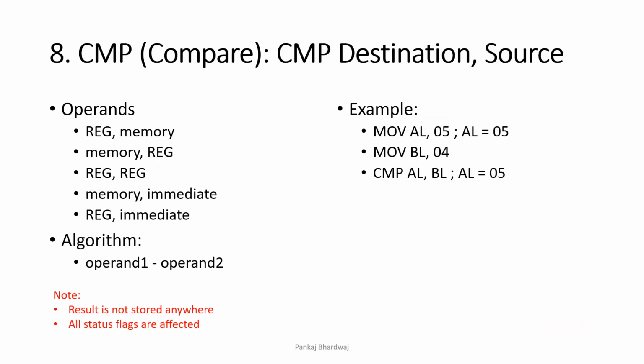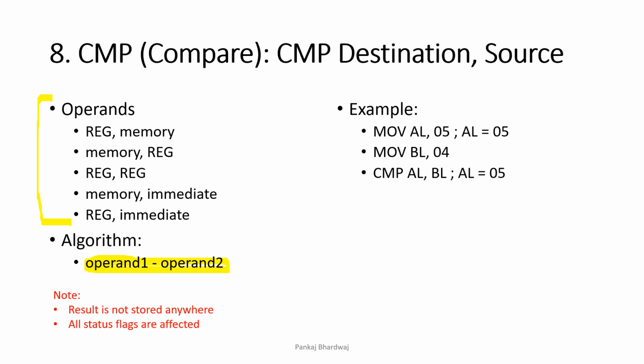Compare, the next is compare. We can have these 5 combinations: destination with source, compared destination with source. The algorithm will be operand 1 minus operand 2, but we do not store the result in any of the destination or the source register or a memory location or immediately. We do not store the result.